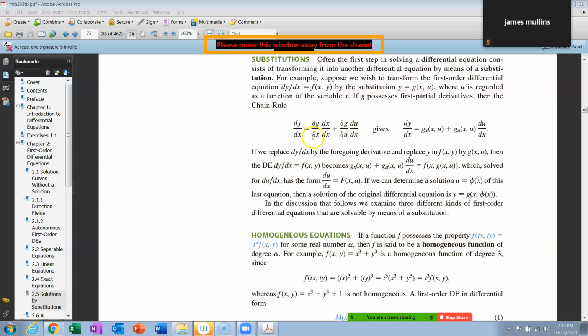This thing here is equal to f of x comma g of x, u, which when solved for du/dx, that's this very last term here.